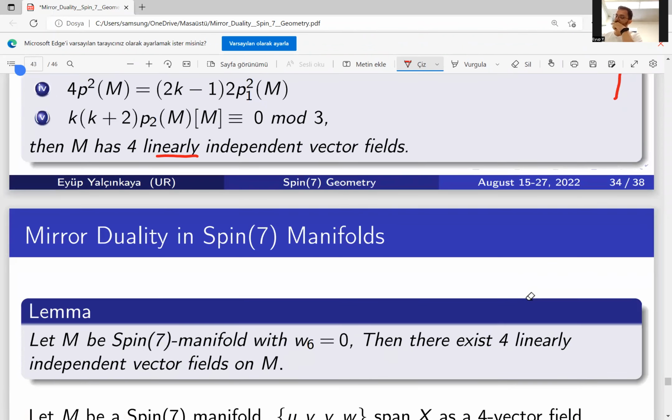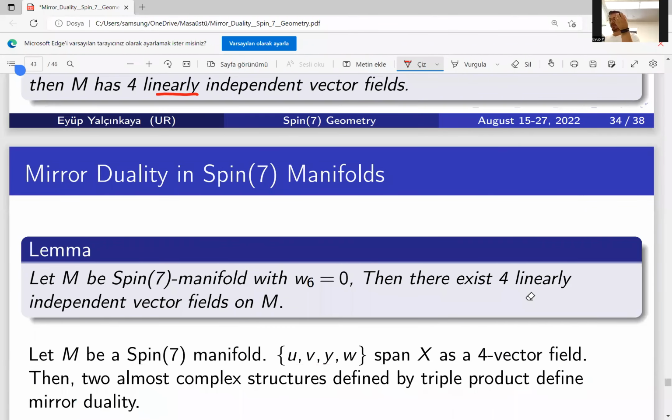But in the special case, if you are inside a spin 7 manifold, only V6 equal to 0 is needed, and we can say that we have four linearly independent vector fields. Now we are living in an 8-dimensional object.